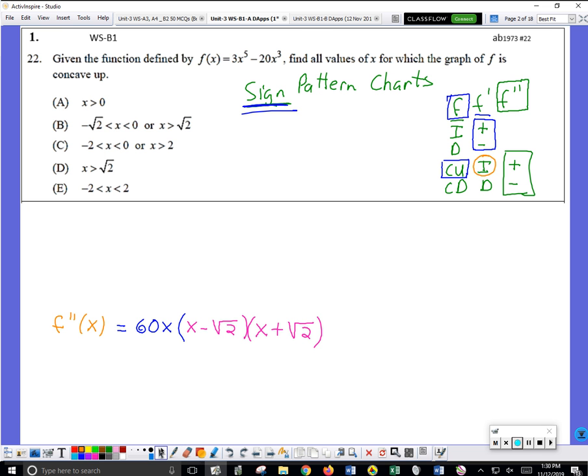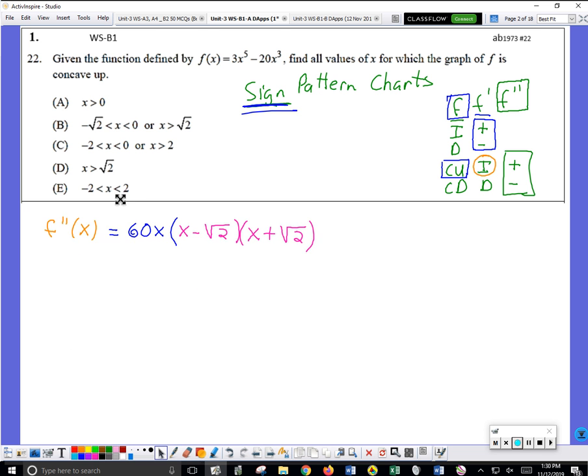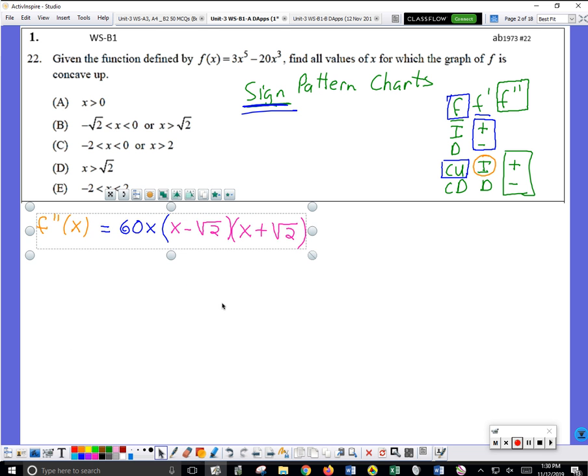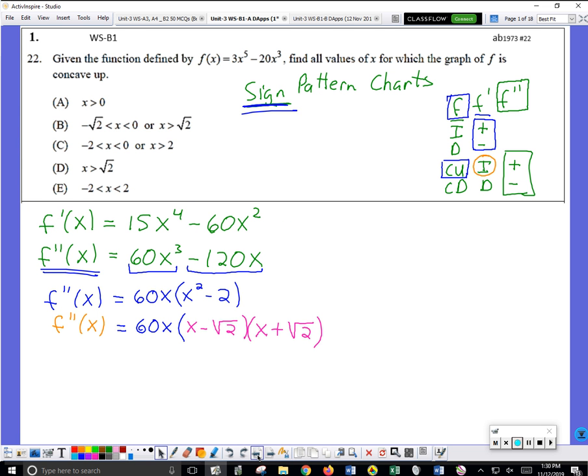So when you're going from f to f prime to f double prime, are you finding the derivative of that original equation each time? Mm-hmm. Well, what you're really doing is finding the derivative of the original equation to find f prime. That gives you a new equation. And then you find the derivative of f prime to get f double prime.